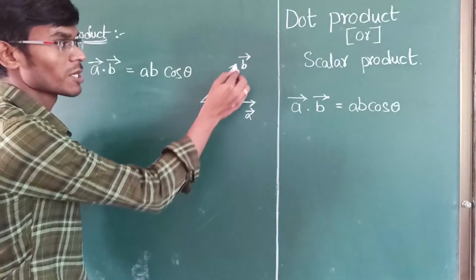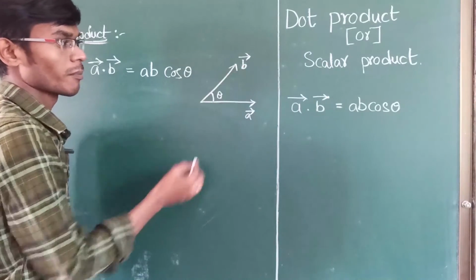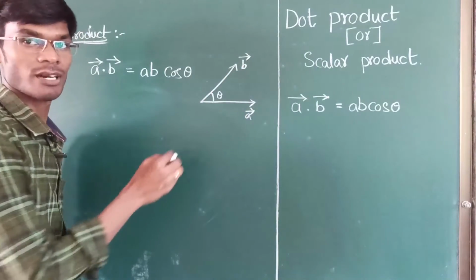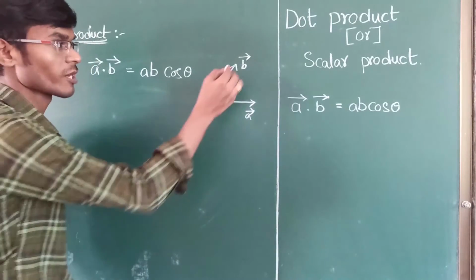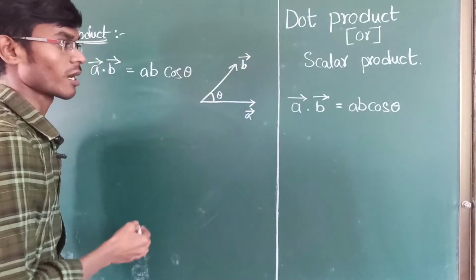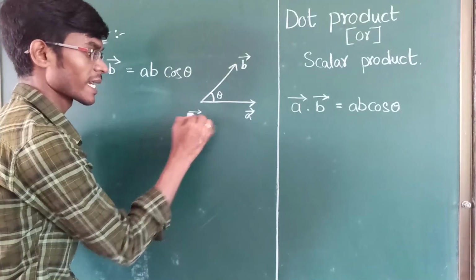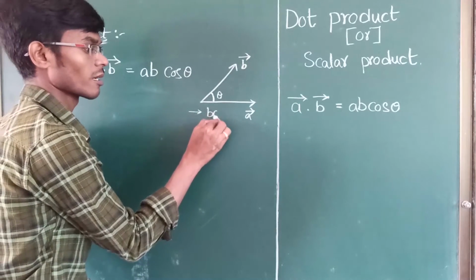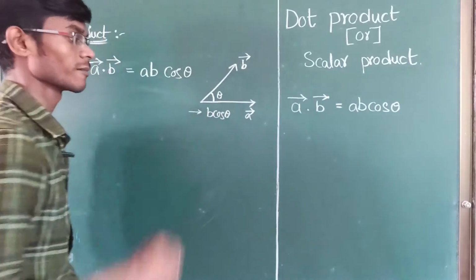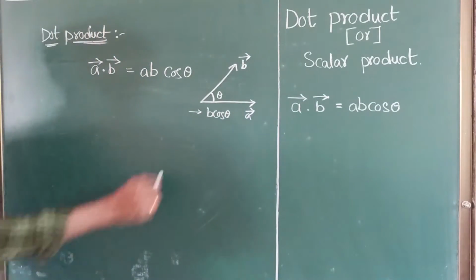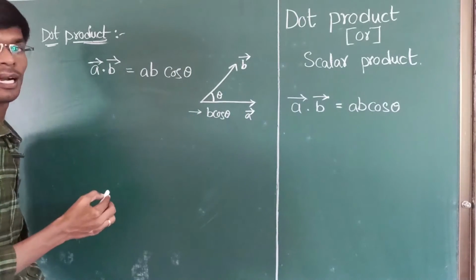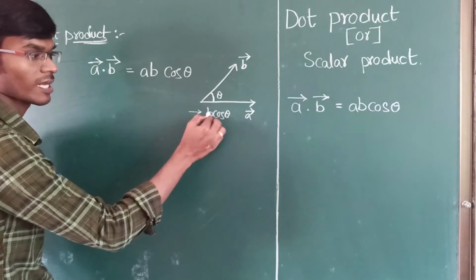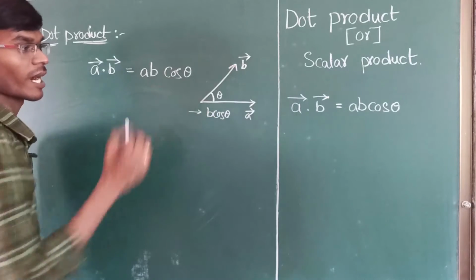Because, observe here, this is the b bar vector and this is the a bar vector, which are subtending an angle theta. Suppose you resolve this b bar vector into its components along this particular direction, we get b cos theta. So this can be written as the magnitude of one vector and the scalar component of the other vector.